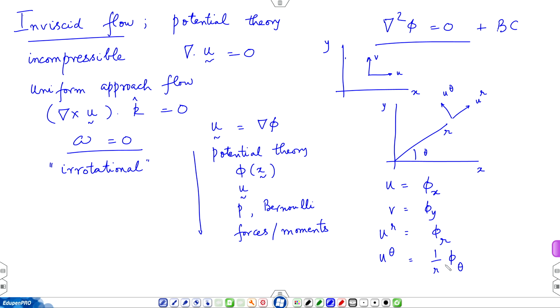Now, you also know that if del dot u is 0, then a stream function will exist. Okay, so, we had defined u as psi y, the derivative of psi with y, and v is equal to minus psi x.